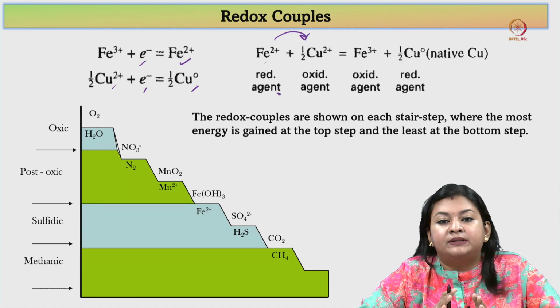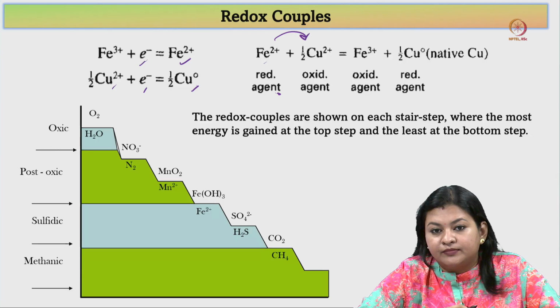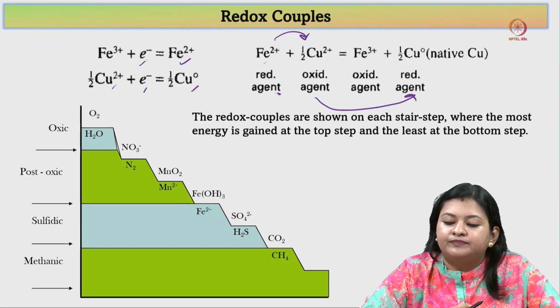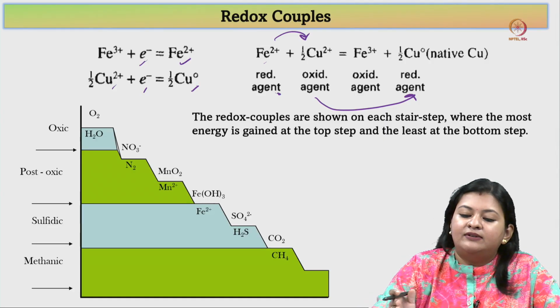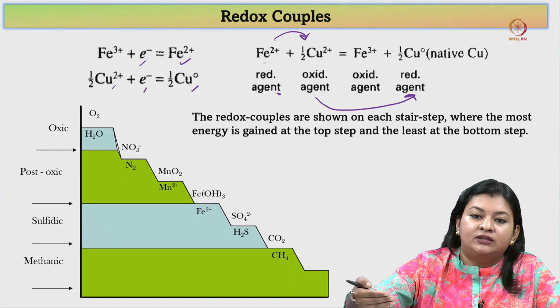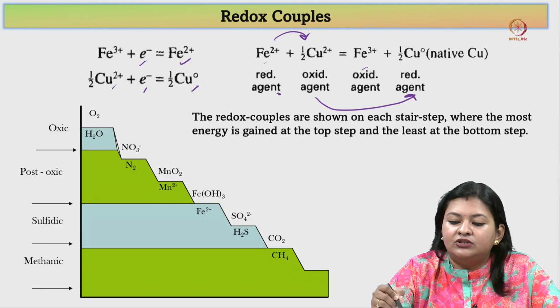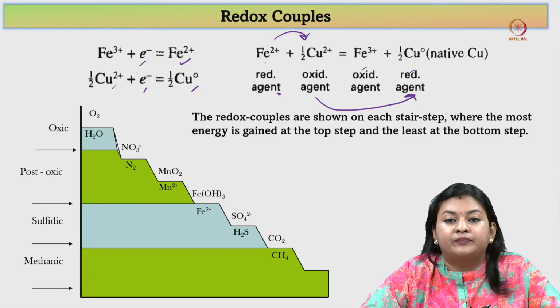So, it will become copper as metal, not in the ionized form. So, that will get reduced. So, this oxidizing agent gets reduced, and vice versa, you can have another reaction in this direction also, and in that case this will be the oxidizing agent and this will be the reducing agent.